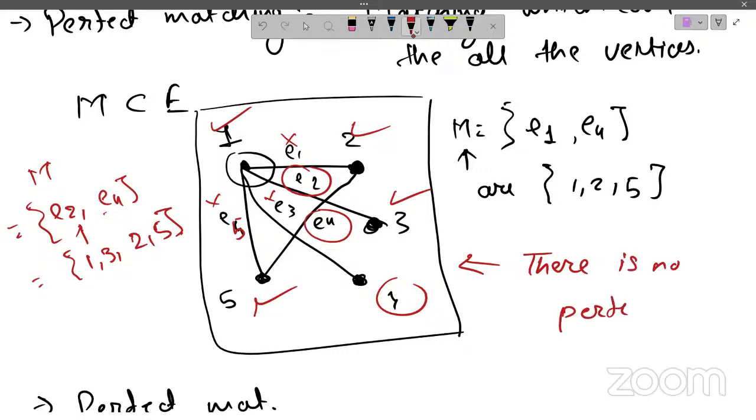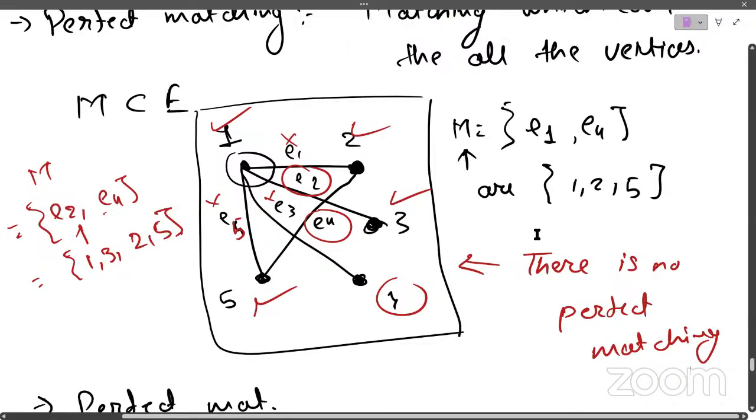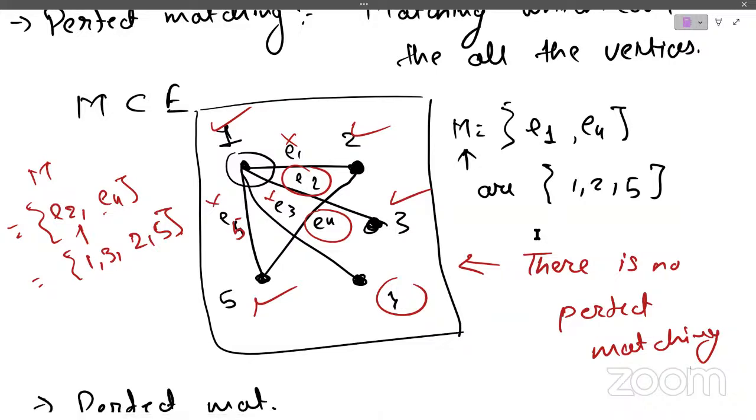Okay, got it. Fine. And so, does a matching exist always for any graph? Matching always exists, because a matching is just a subset. You take a single edge, that will be your matching, right? Because a single edge cannot share any vertex with another edge. There are no two edges, so how can they share a vertex?